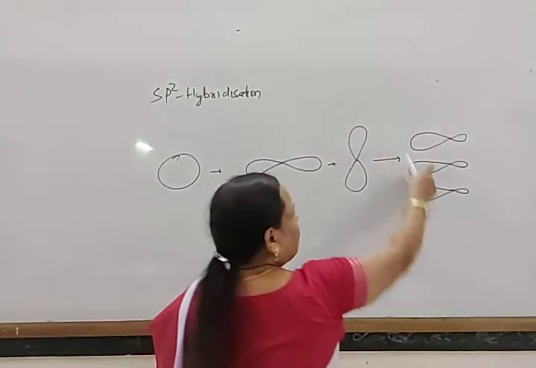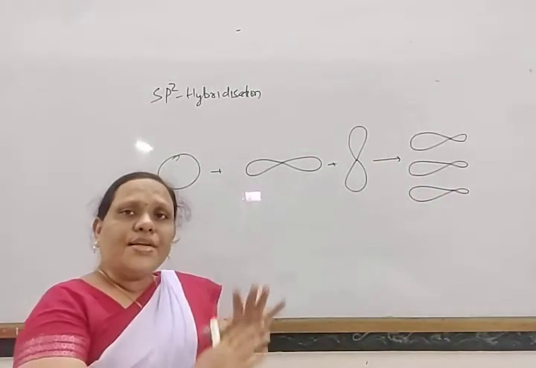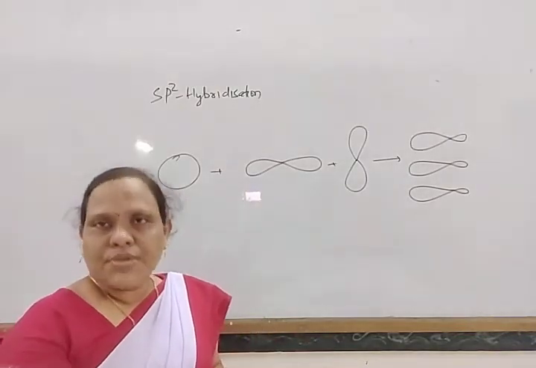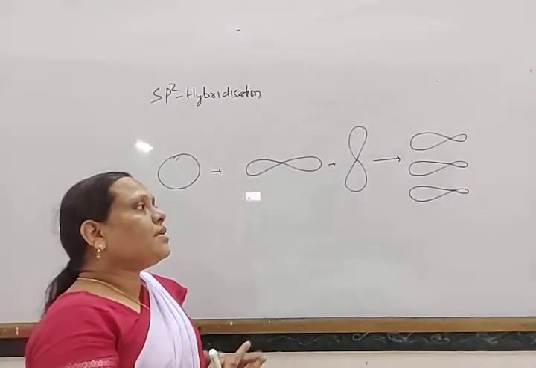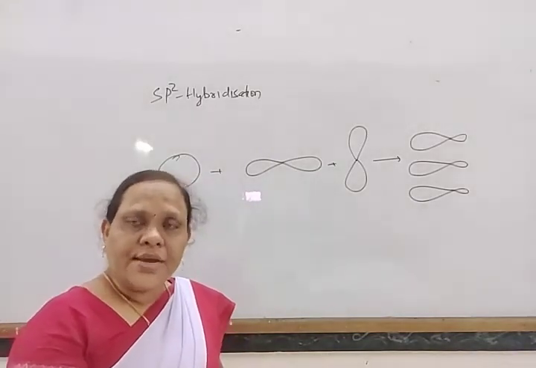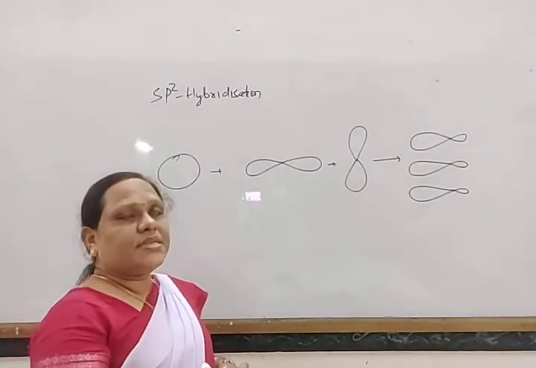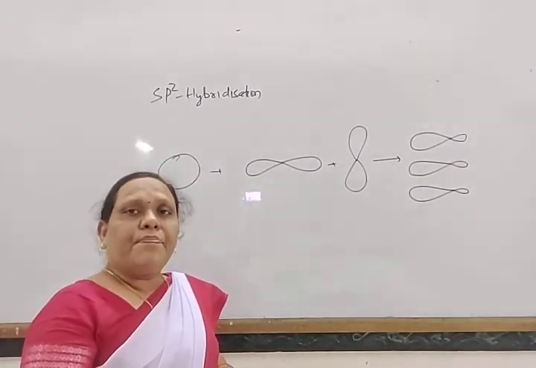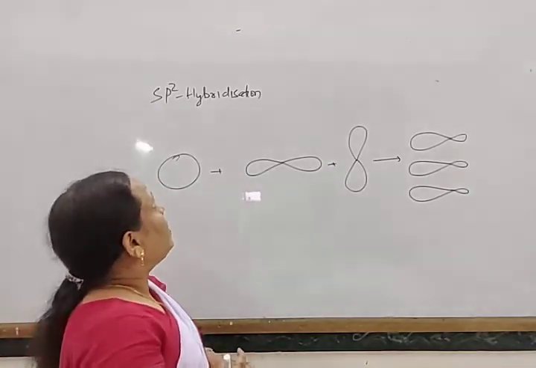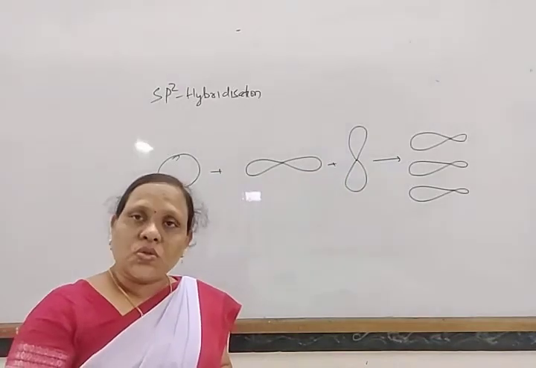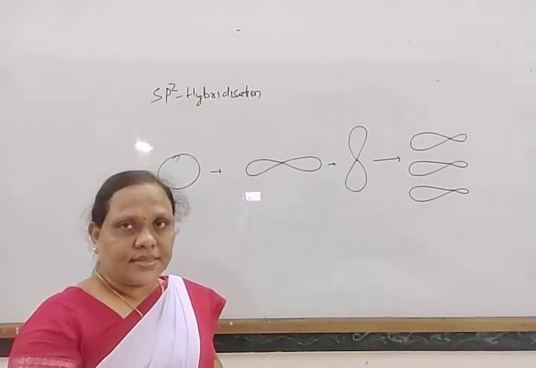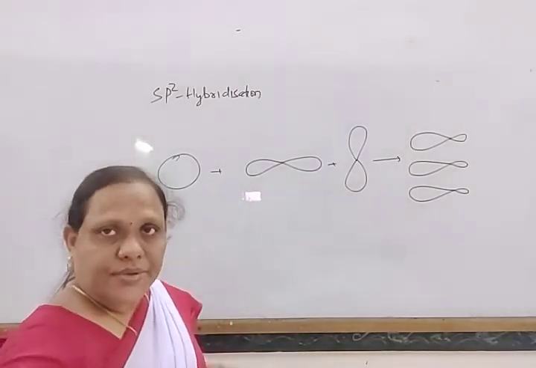These three orbitals reorient themselves so that there exists minimum repulsion between them, making an angle of 120 degrees with each other. The shape of this hybridization is planar triangular. So this type of hybridization is also called planar hybridization or trigonal hybridization, because it gives a trigonal shape.